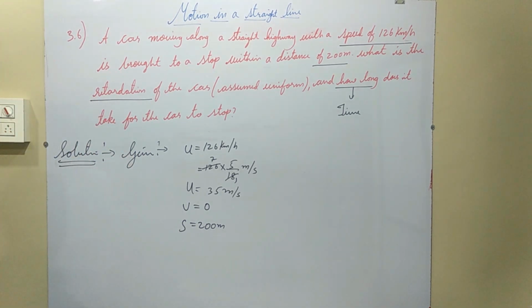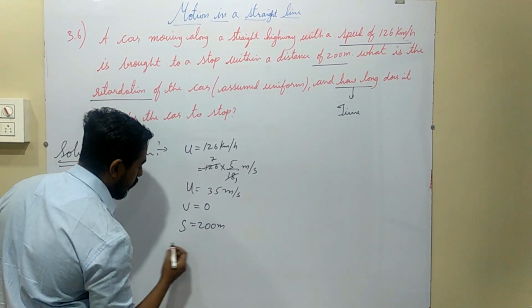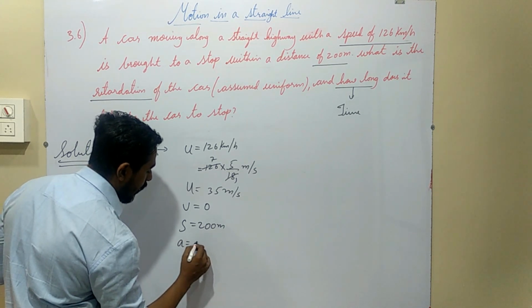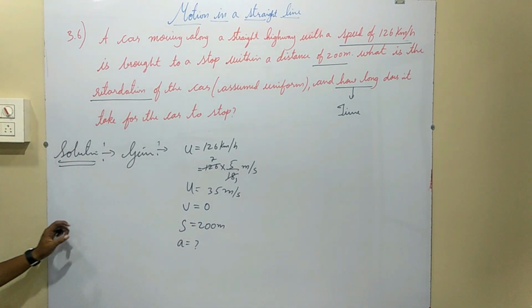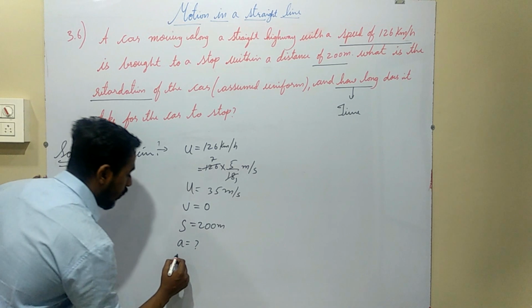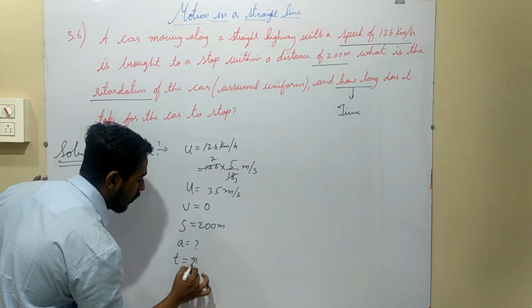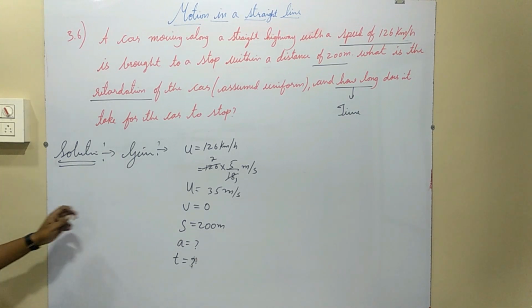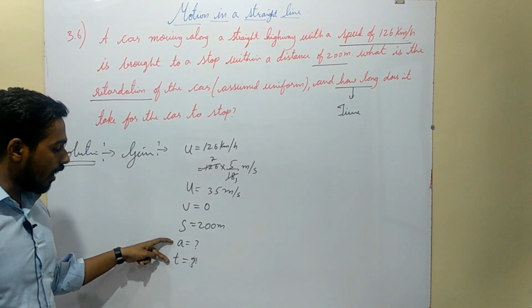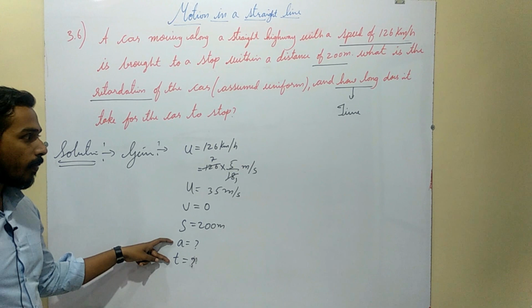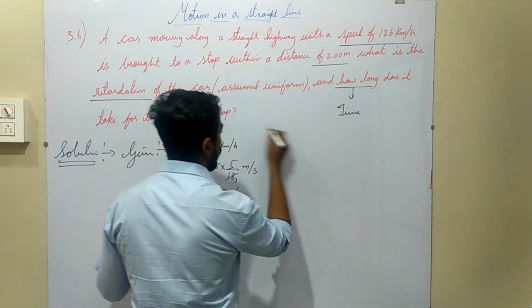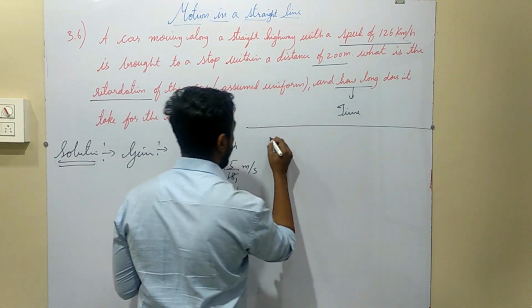Now what is the retardation? Retardation we will take as a is equal to question mark. We also have to calculate time t equal to question mark.